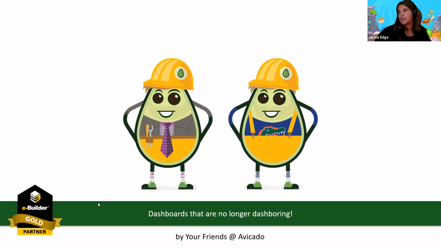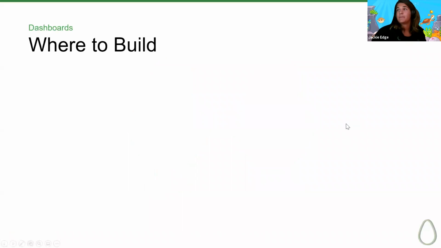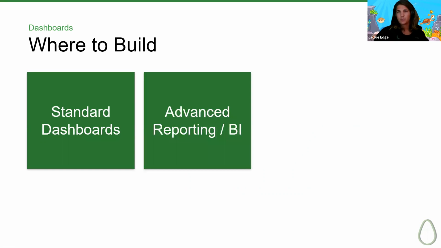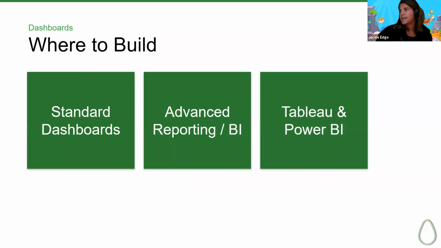So before we get started, Luke is going to tell us a little bit about where dashboards can be built. So we have standard dashboards within eBuilder, as well as advanced reporting and BI, and then Tableau and Power BI, which is done outside of eBuilder. So Luke, do you want to tell us a little bit more about these? Sure. So the standard dashboards within eBuilder are generally used to create a quick report, something that you want to get some quick analysis from.